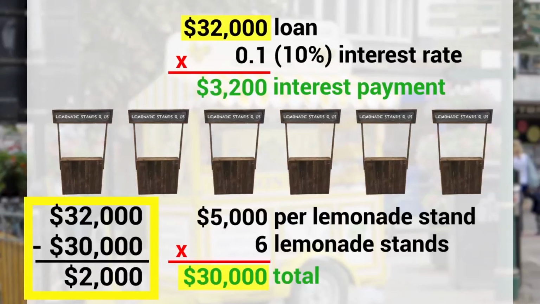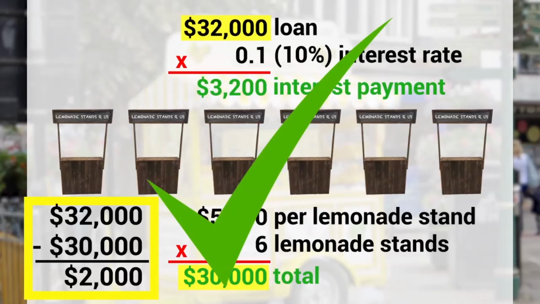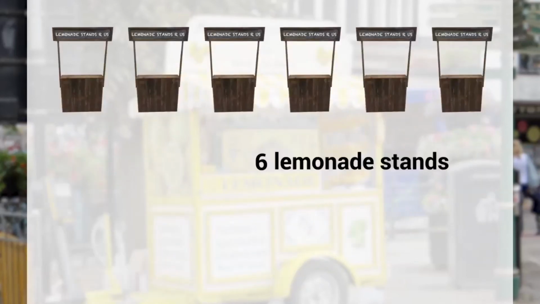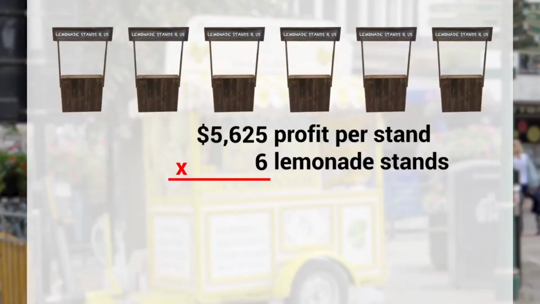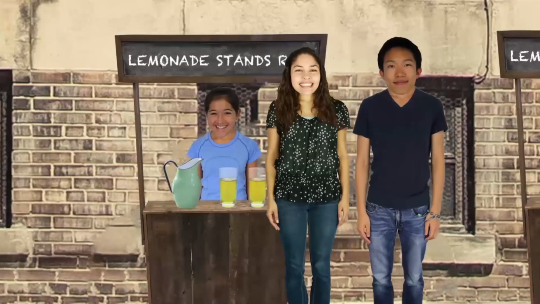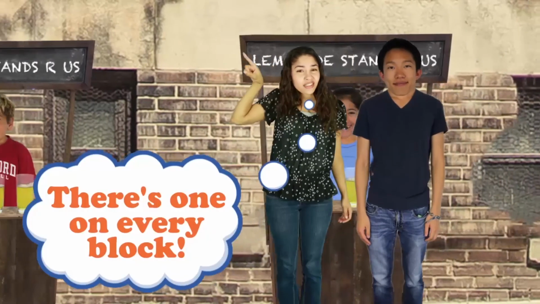All right, well, at first blush, our projections say yes. And if each of those 6 stands could themselves generate something like 5 grand in profit at the end of their first year, like the first one did, well, then wow, we could pay back all of the loans in just 1 year. That feels a lot like how Starbucks got started. Yeah, it kind of was.